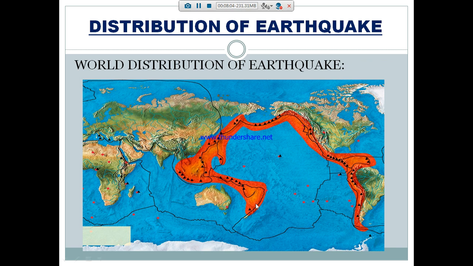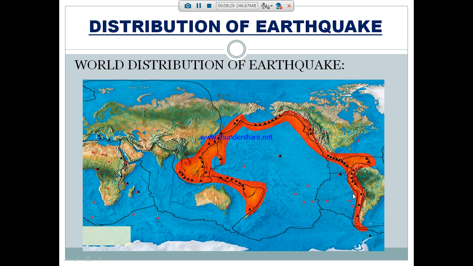This red colored area is there, isn't it? See the map, this red colored area is called the Pacific Ring of Fire. That means the circum-Pacific area with the epicenters and the most frequent occurrence of earthquakes.